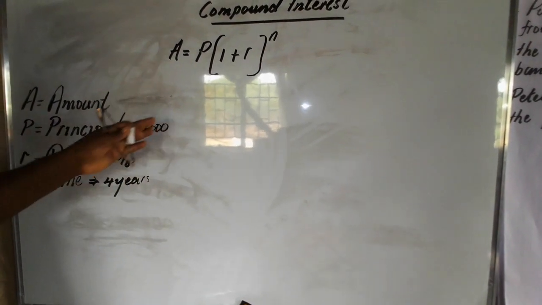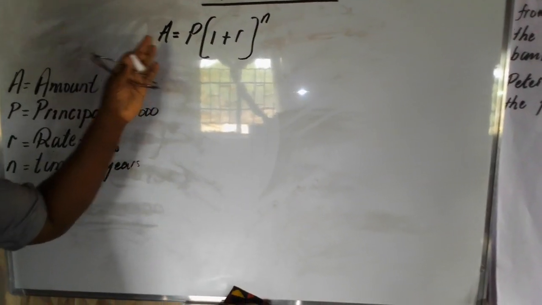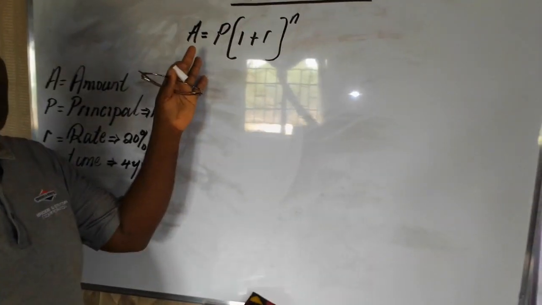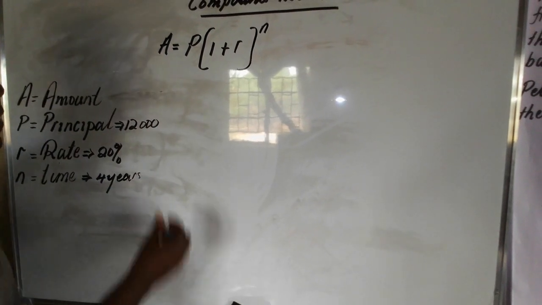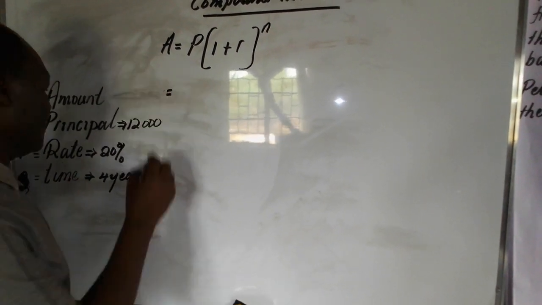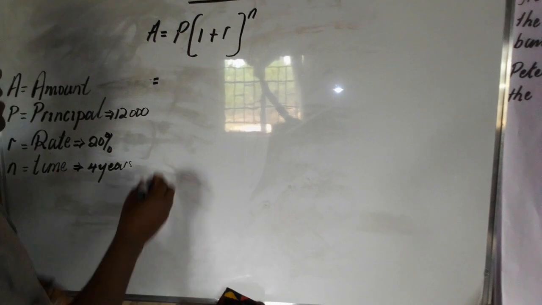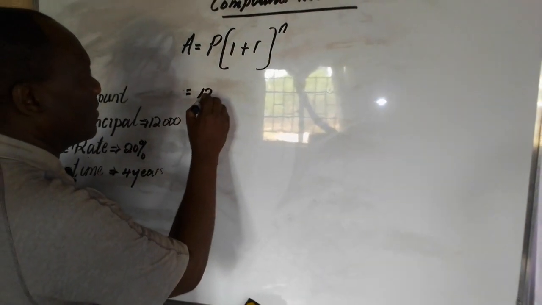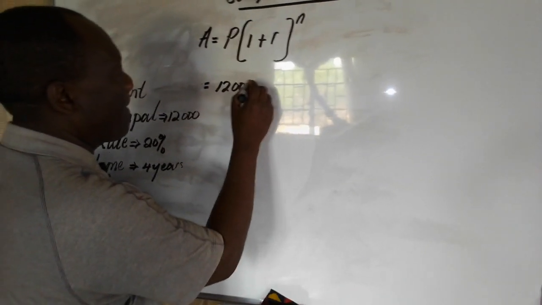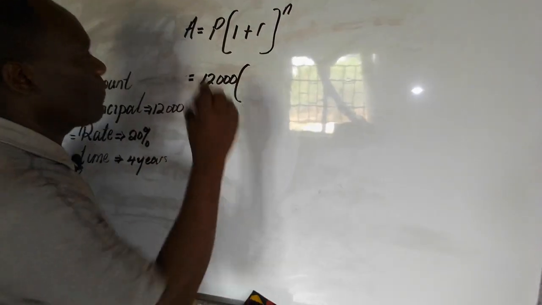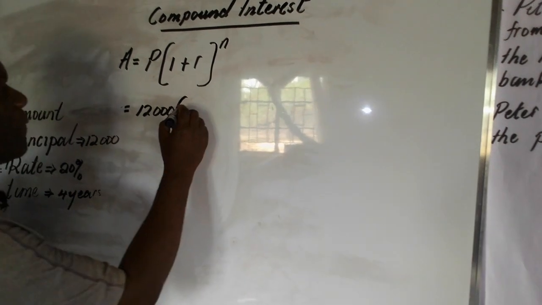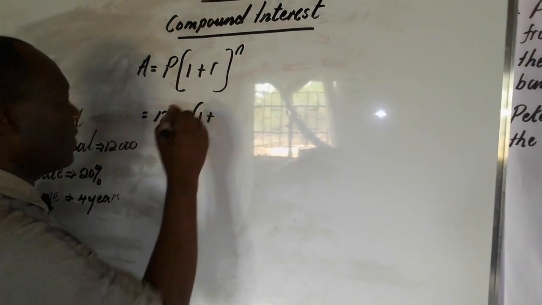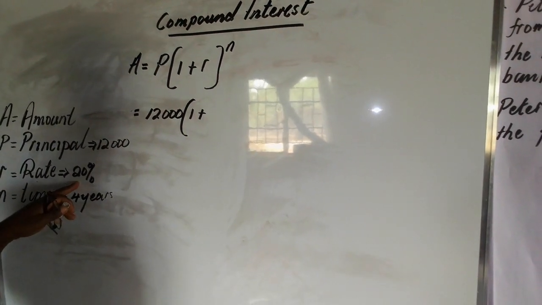So we can now equate. We remove the letters and put the figures that we are given. So the P, our principal, is 12,000. This one remains the same. Then the rate is 20%.